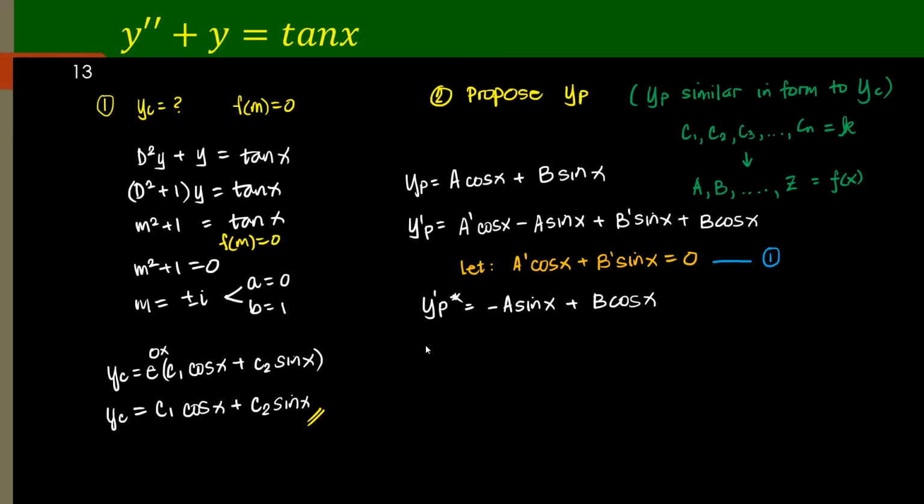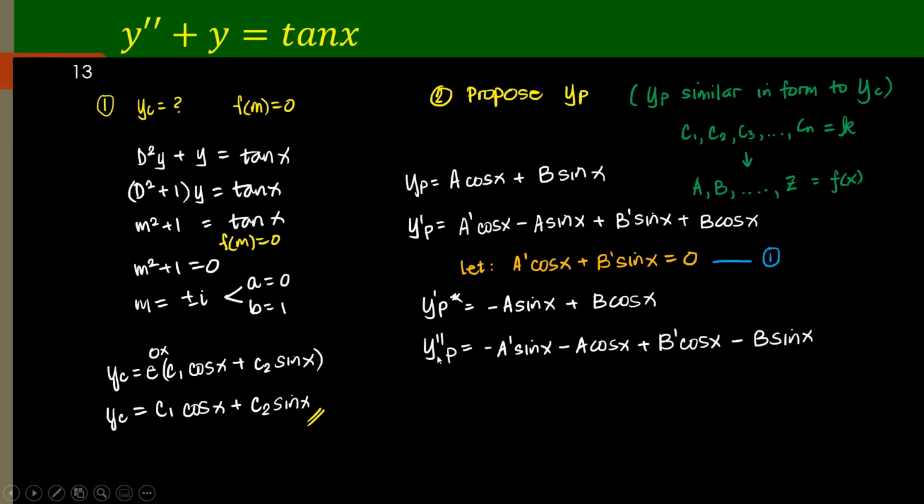All right. As I said, what I need is a y double prime because the question has a y double prime. So y double prime of p is negative A prime sine x minus A cosine of x plus B prime cosine of x minus B sine of x. So now I have a y of p, the new y prime of p, and the y double prime of p.